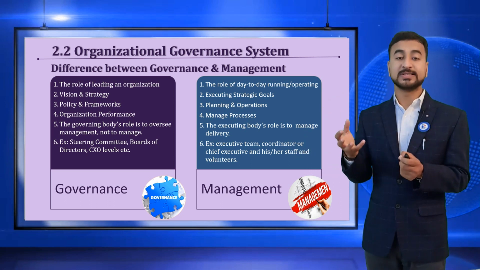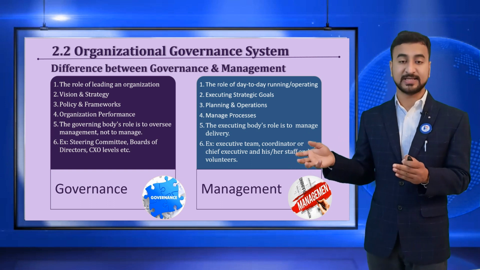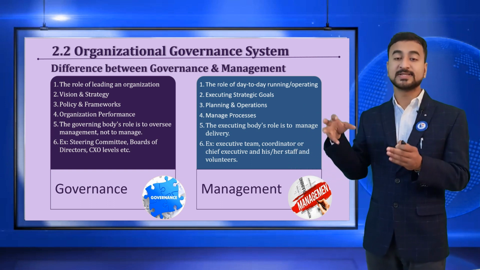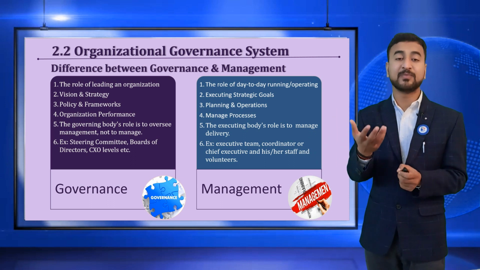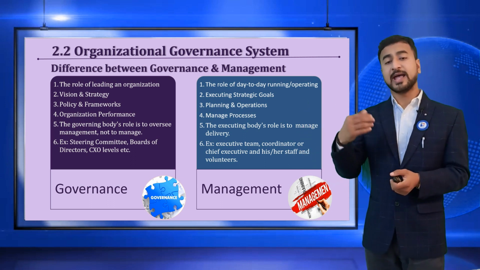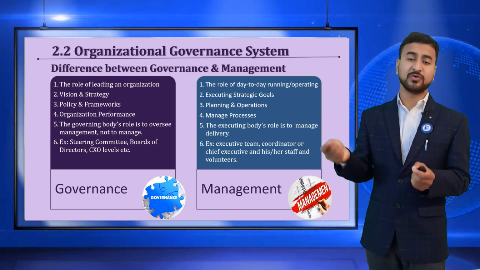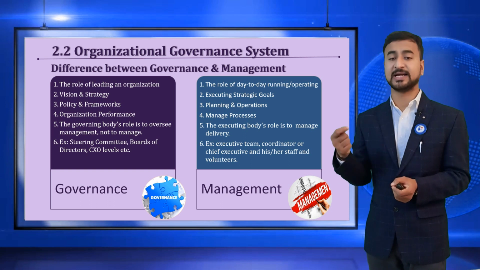Governance bodies oversee the management, and they are not there to manage day-to-day things, while the executive bodies are there to manage the delivery. Examples of governance would be your steering committee, board of directors, and CXO level, and management would be each and every team member on your team who is managing the project and delivering it.